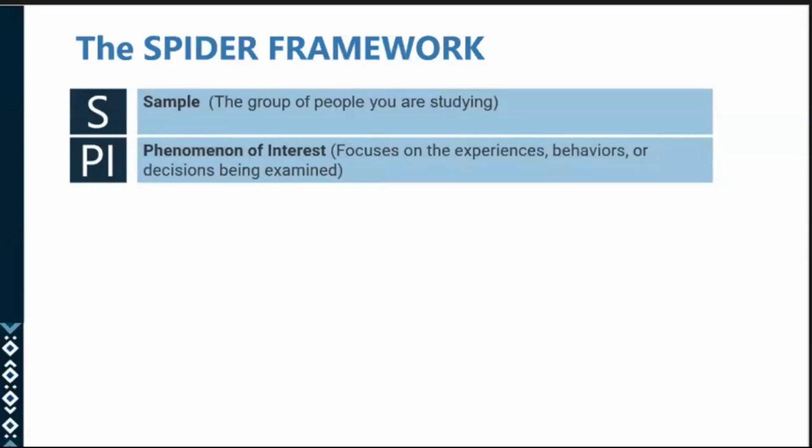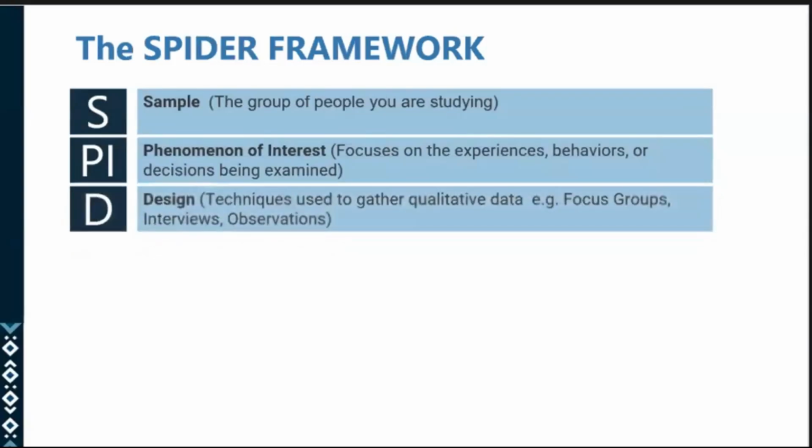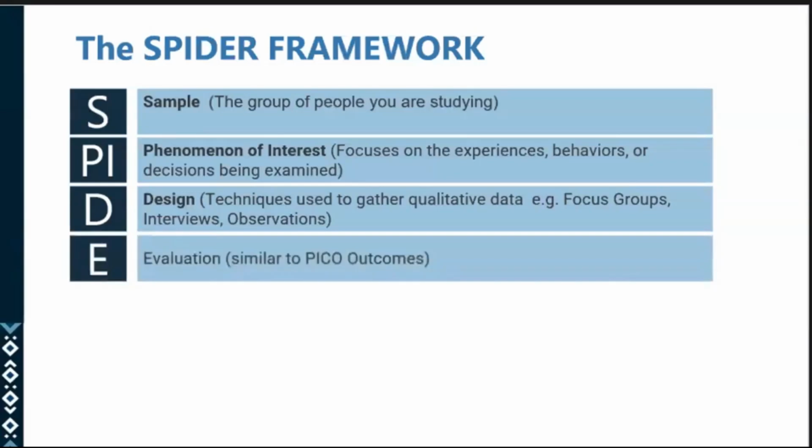So the phenomenon of interest is participants' experience in self-screening for cervical cancer. D here signifies the design. The design here is defined as a technique that is used to gather the qualitative data. So techniques used to collect data for qualitative research can be focused on interviews and observations. And E stands for evaluation, which is also similar to the PICO outcome.